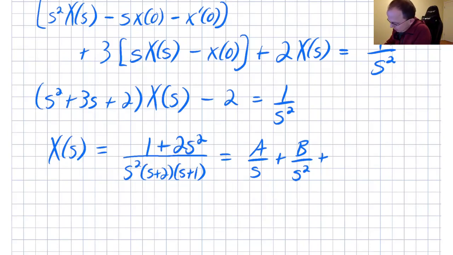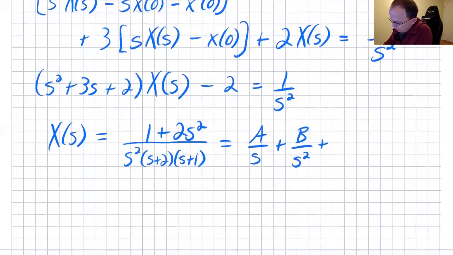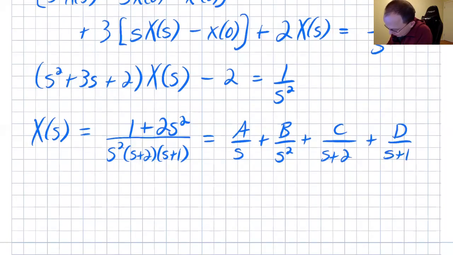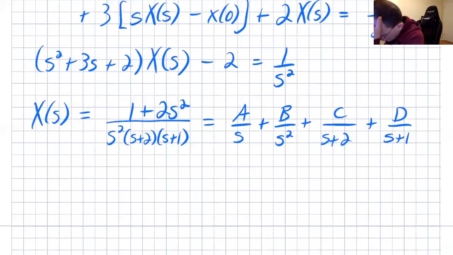Okay, so that's just a reminder of how partial fractions works. And then the other terms just appear once, so we just get c over s plus 2 and d over s plus 1.